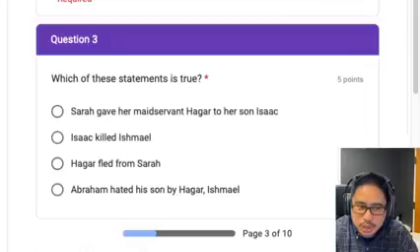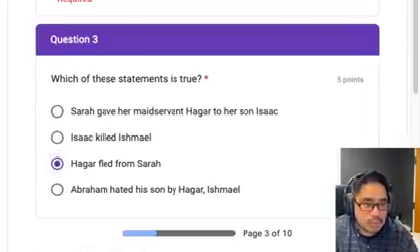So I would believe more of that one versus the last one. Abraham hated his son by Hagar, Ishmael. I don't think he would hate his son Ishmael. So I am going with C to be true and the others false.